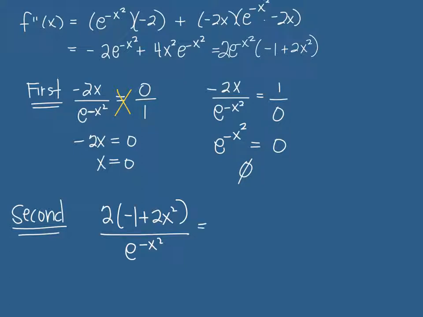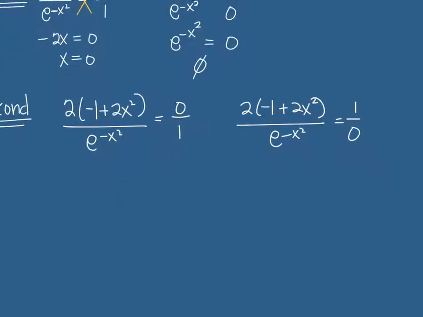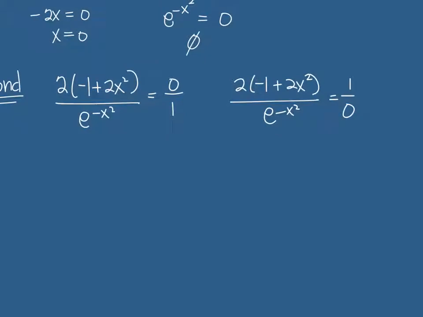And I'll set that equal to 0 over 1. I'll also set that equal to 1 over 0. And we'll solve algebraically there. Cross multiply.